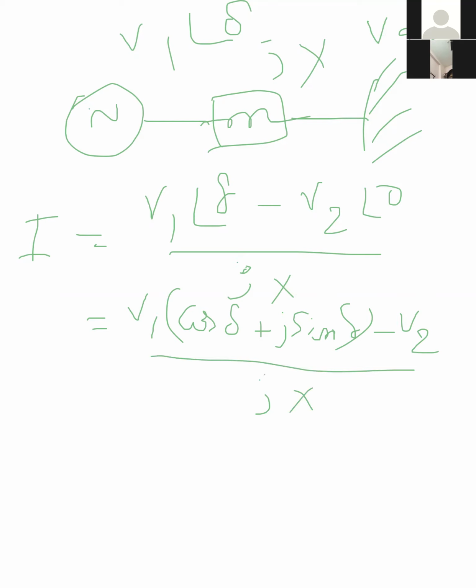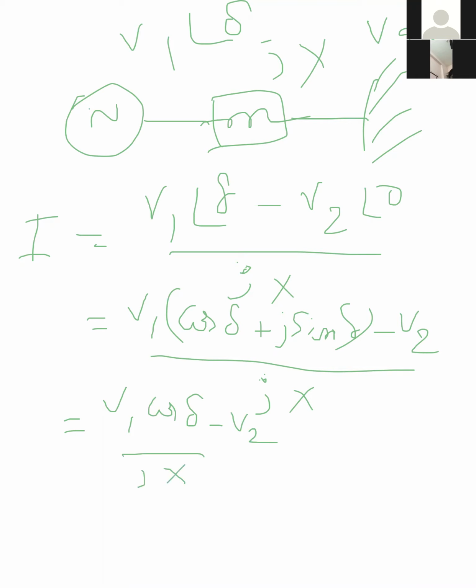So here we separate real and reactive components. The denominator has jX, so one component is V1 cos delta minus V2 by jX.